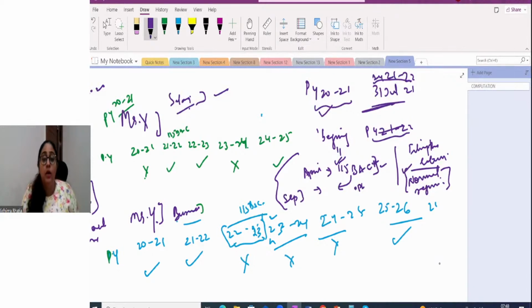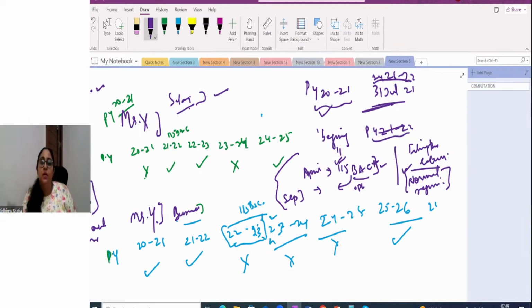But one very, very important thing: until and unless the employee gives an intimation that 115BAC has to be opted, it will not be opted. If no communication has come from him that I want to opt for 115BAC, no employer will give this benefit automatically. They will deduct the TDS as per the normal tax regime only.